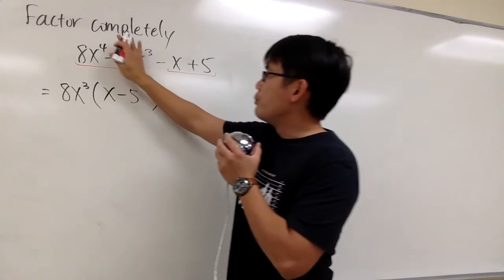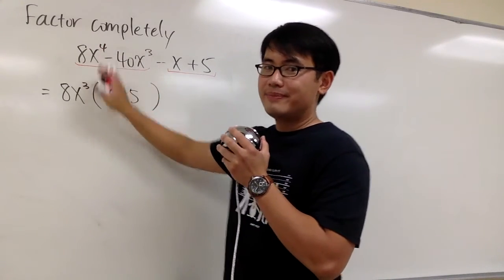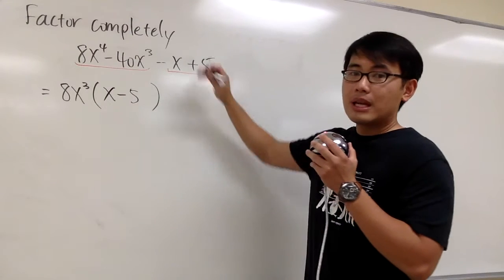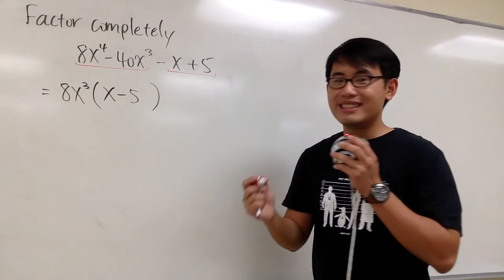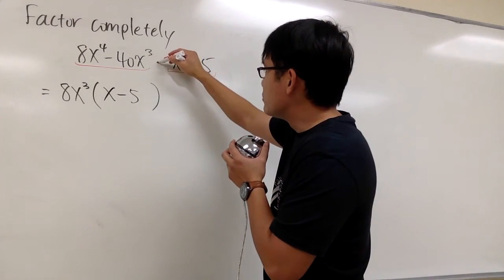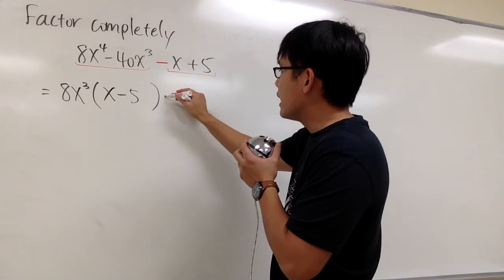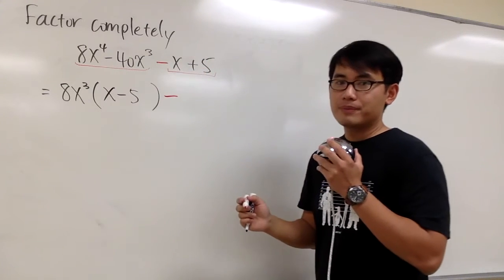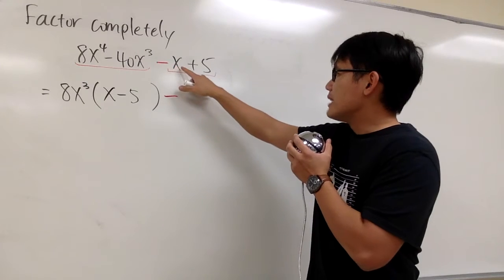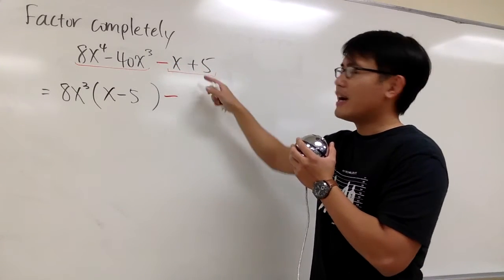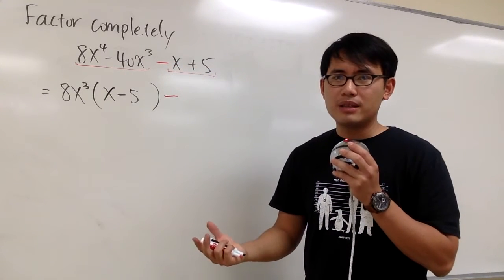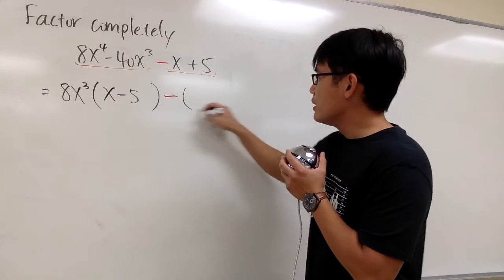And now we'll pretend that we don't have this. We'll try to factor this out. But then there's one thing first. You see that here we have a subtraction. We need to maintain this subtraction down first. Alright, so it seems like we have the x plus 5. Nothing common that we can do, right? But then I still have to put in parentheses.